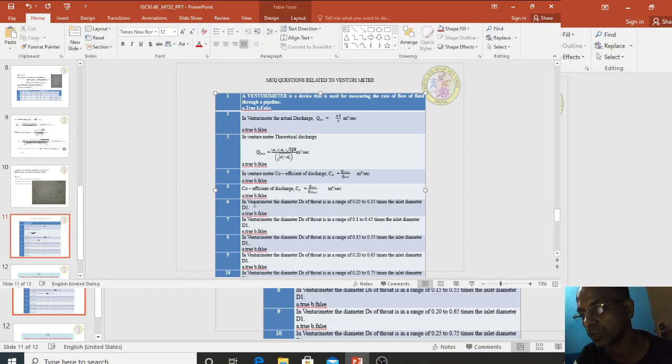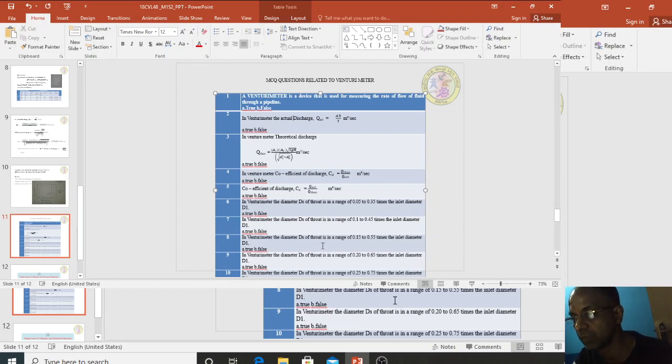It is true. In a Venturi meter, the diameter ds of a throat is in the range of 0.05 to 0.35 times the inlet diameter d1. It is false. Seventh question: diameter ds of a throat is in the range of 0.1 to 0.45 times the inlet diameter d1. It is false.